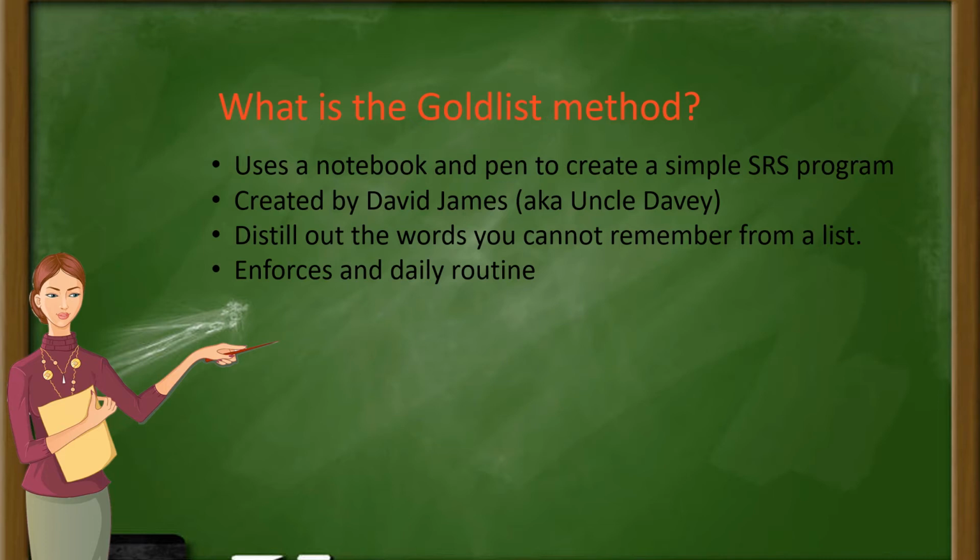As usual, you create a list of 20 new words, and then you go back to where you left off and you distill that day's distillation into the top right-hand corner.